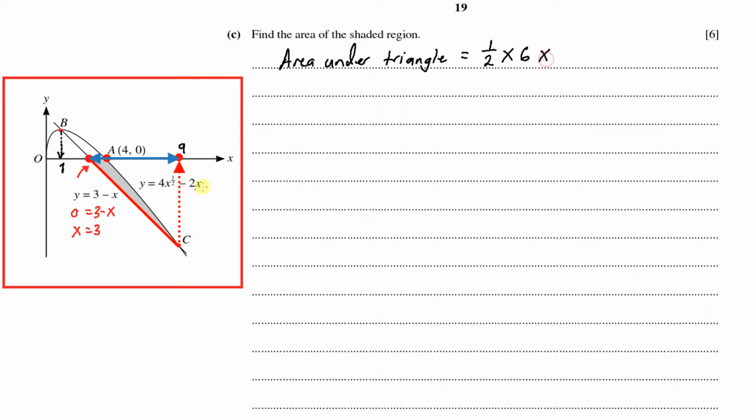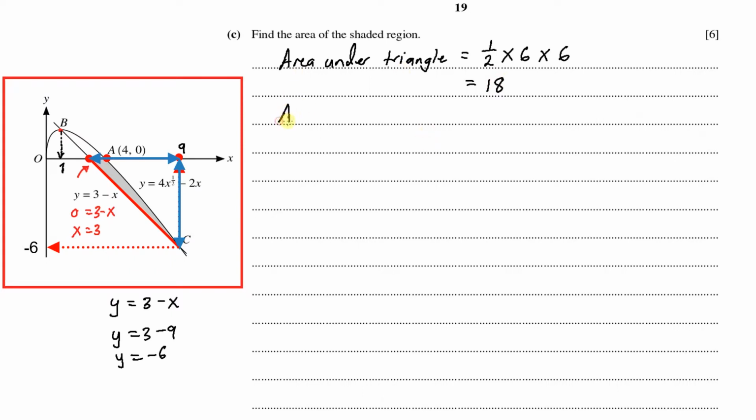And that's multiplied by the height of the triangle, which corresponds to the y-coordinate of C, which we can read on the y-axis. For the y-coordinate of C, from the line y is equal to 3 minus x, the x-coordinate is 9, so y is 3 minus 9, and therefore y is minus 6. So the height of the triangle is 6. This gives us the area of the triangle to be half times 6, that's 3, and 3 times 6, that's 18.